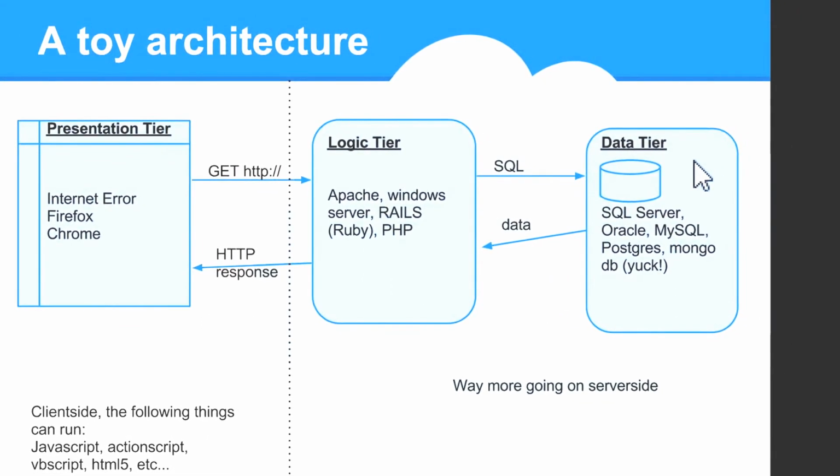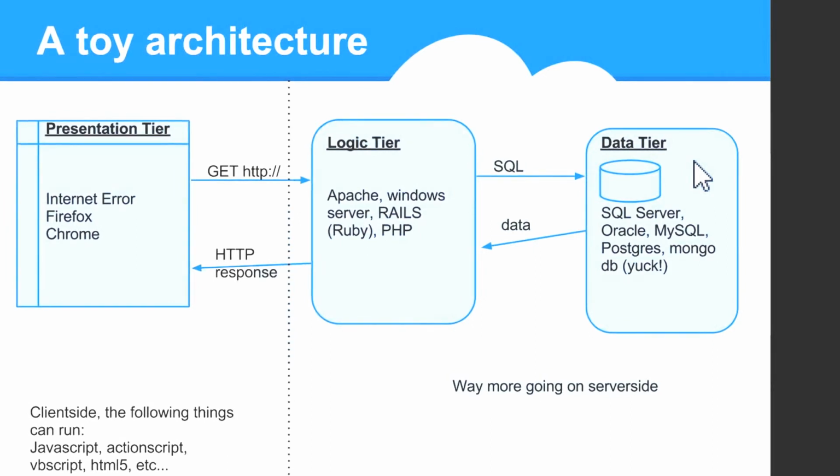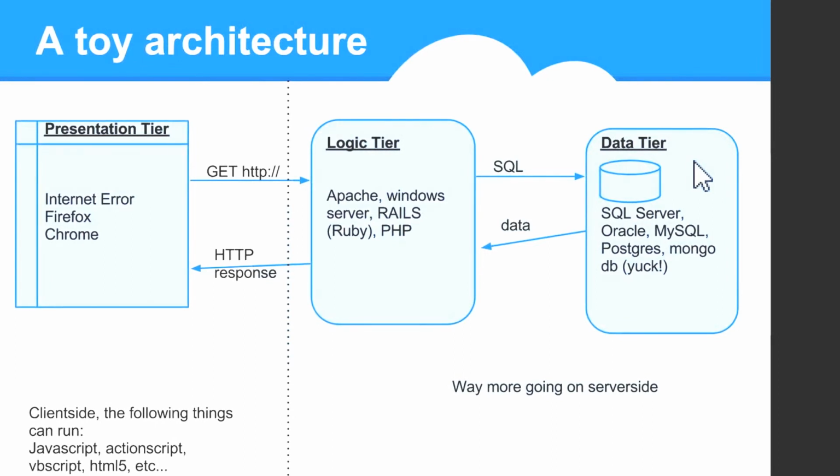In this slide, I have presented a little toy architecture to introduce you to some of the things that go on when you open up a browser and visit a web page. The browser handles the presentation tier most often. Things that can run there to handle presentation could be your own CSS style sheets, though they're not scripts.